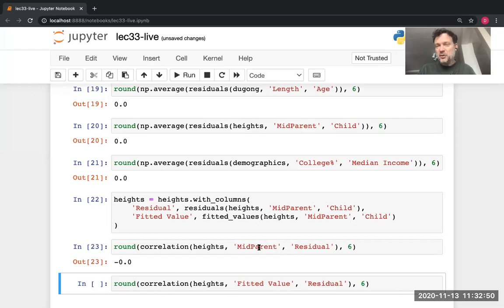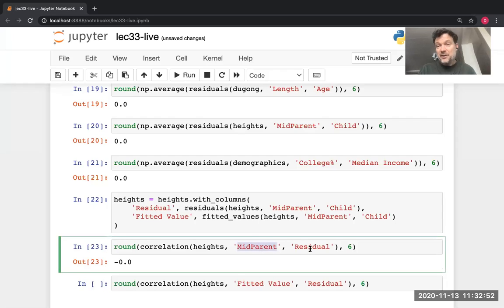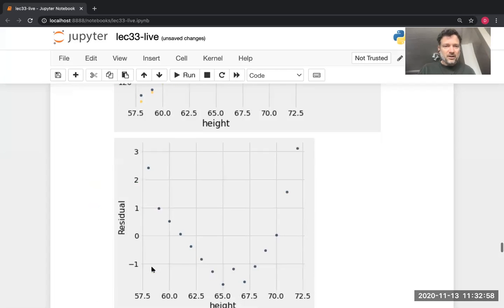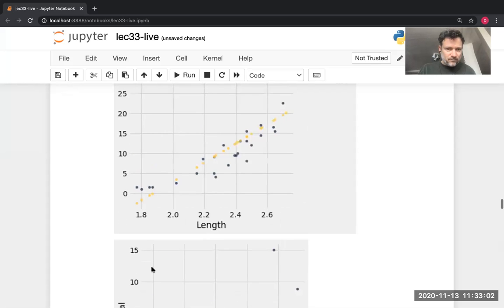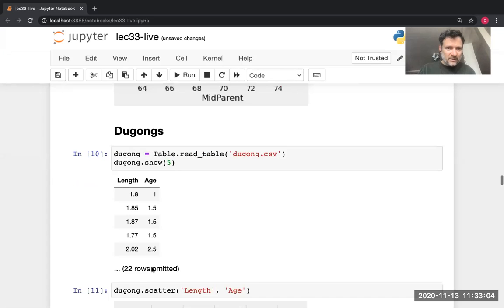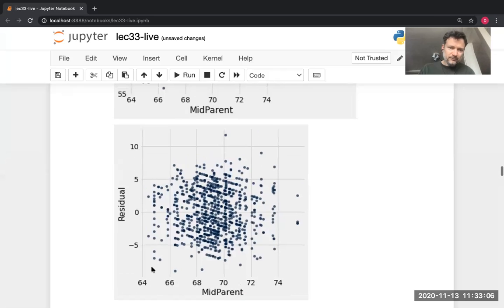Took the correlation between the X value and the residuals for this Heights data set. That correlation is 0. Okay, so where was that? Way up here. This plot here, if you compute the correlation coefficient for all these dots, the answer is you get 0.